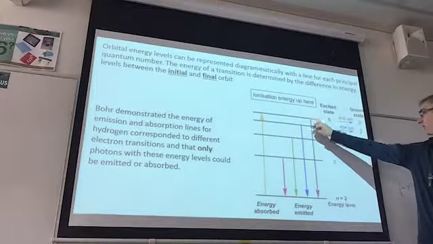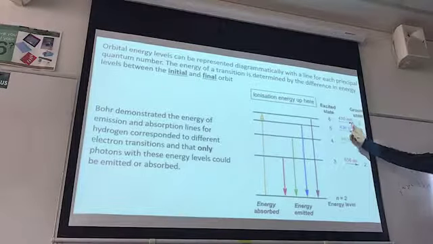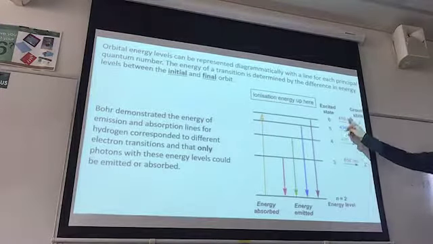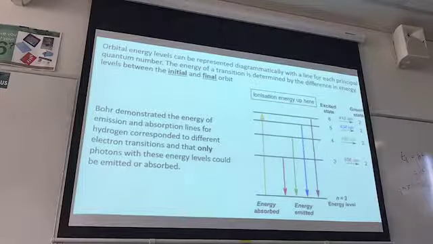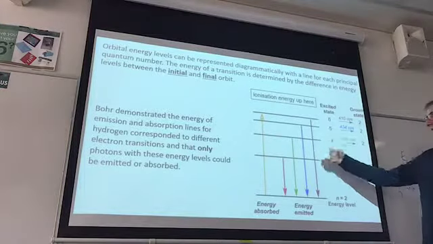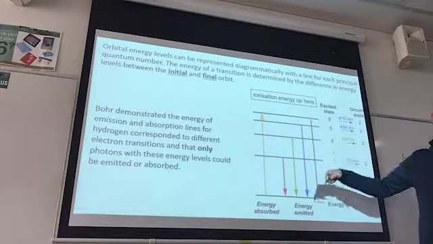So if it goes from 6 down to 2, it's 410 nanometers. From here down to here, you can see that the wavelength gets longer, which means the frequency decreases, which means it's emitting less energy, which you would expect because it's falling over a smaller distance, or smaller energy levels.